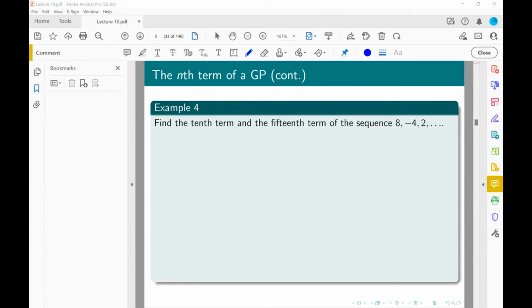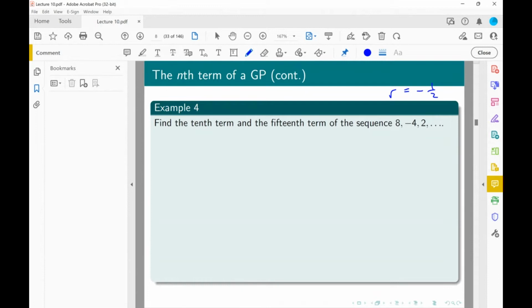Well, probably the first thing is, yep, it's a common ratio of minus a half. Excellent. So it has a common ratio of r equals minus 1/2. And where do we go from there? a is 8.